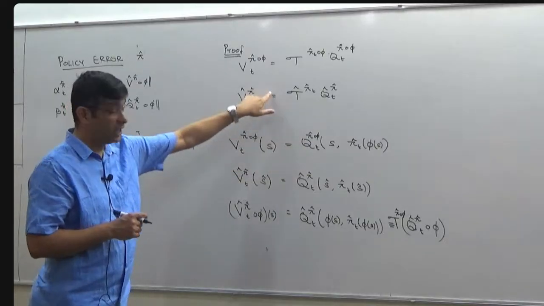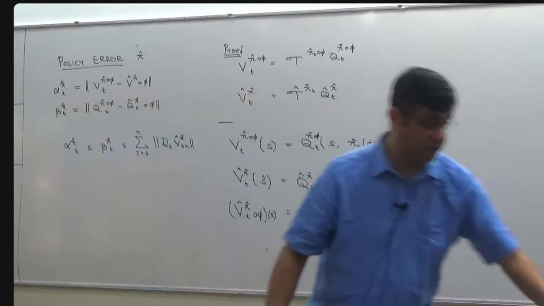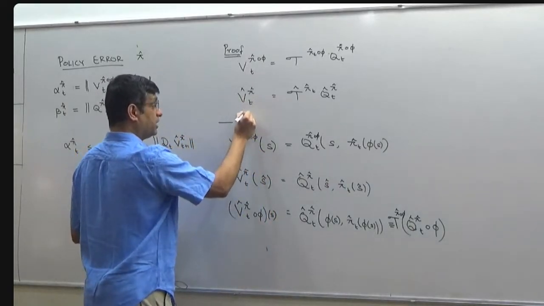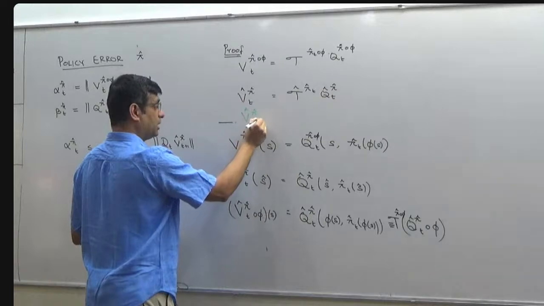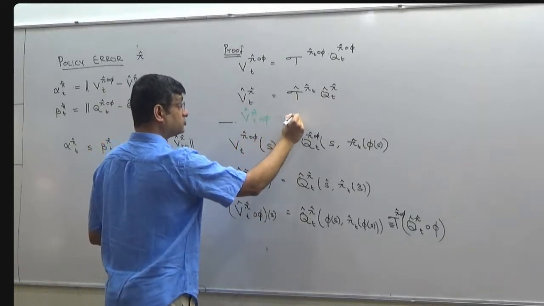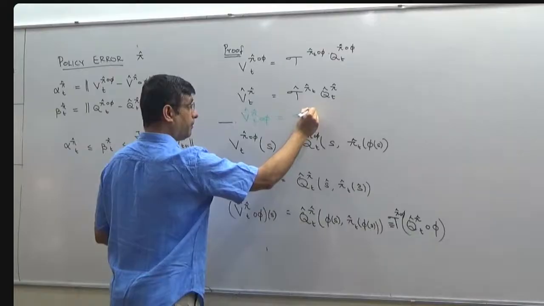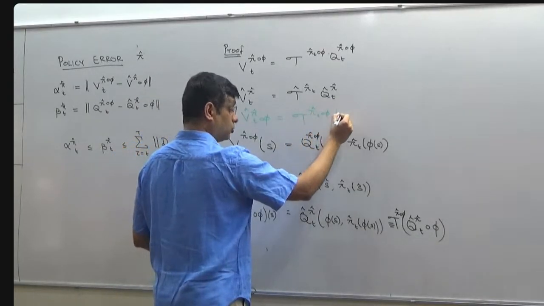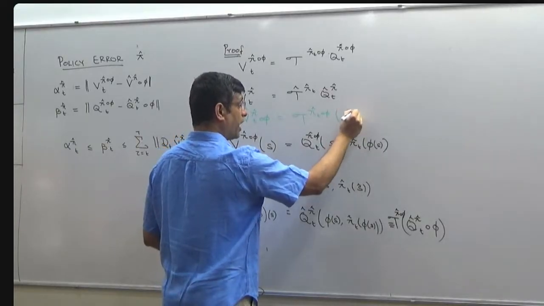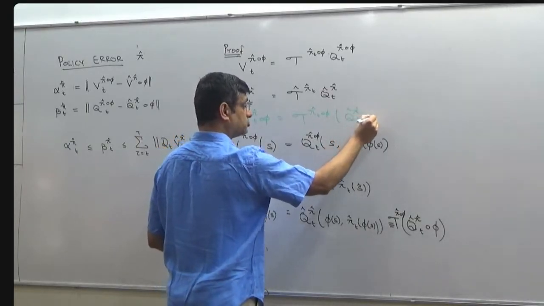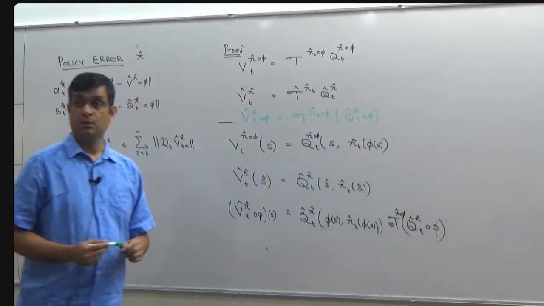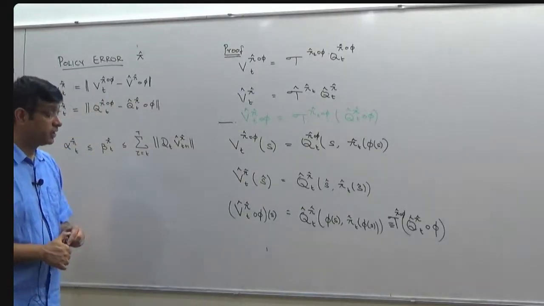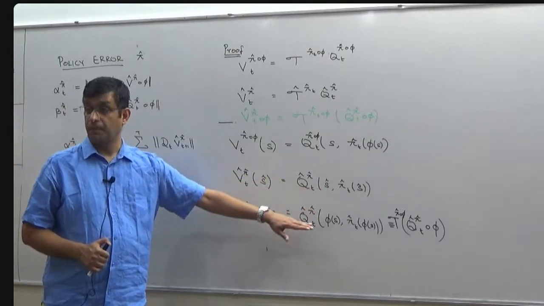So, I can compare these two things. Right? So, here I could not, but if I look at this guy, v hat pi hat t composed with phi, that is going to be T pi hat t composed with phi applied to q hat pi hat t composed with phi. Okay. So, this looks a bit messy, but it's sort of saying something fairly simple.